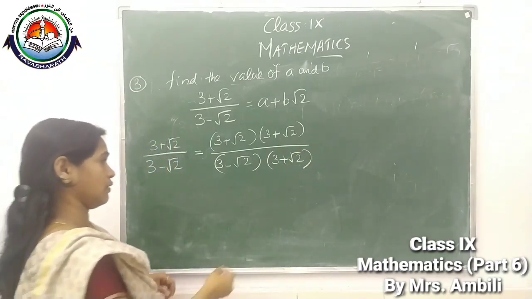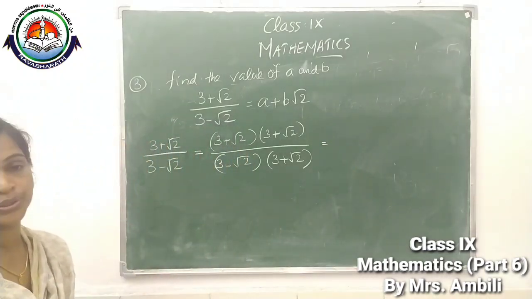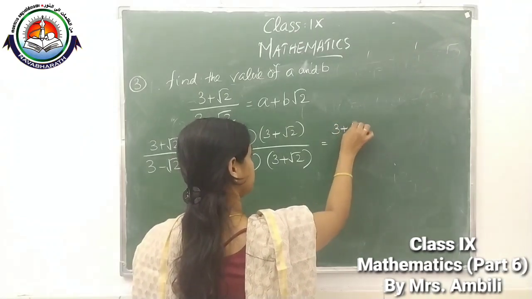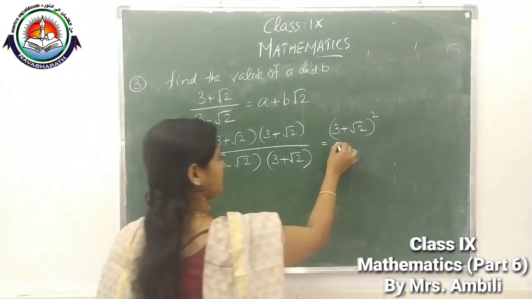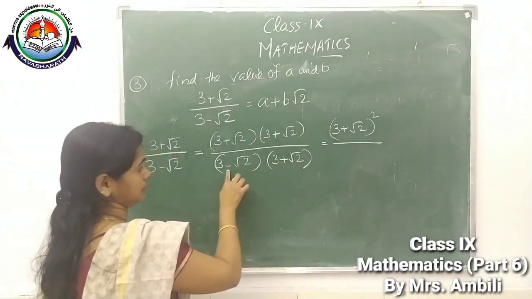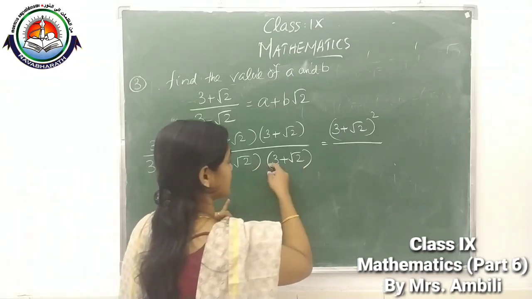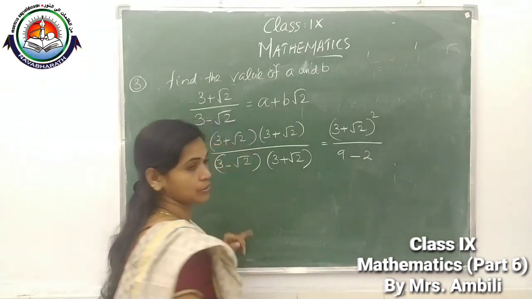What is the numerator? (3 + √2)(3 + √2), which we can write as (3 + √2) whole square, divided by (a + b)(a − b) in the denominator. We have done many questions like this. 3 square is 9, minus root 2 square is 2, so 9 minus 2.